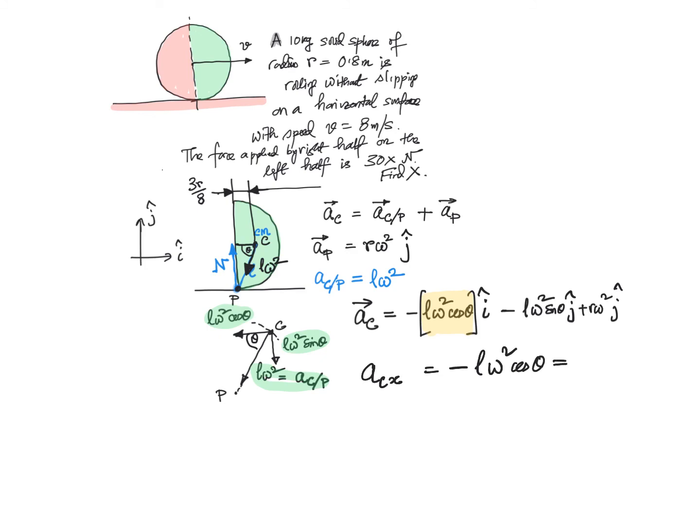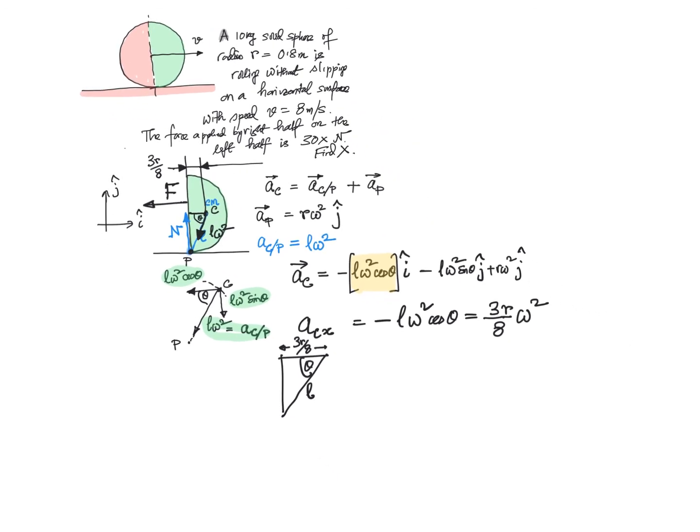Now this L cos theta, if you look at the right angle triangle, L cos theta happens to be 3r by 8. So minus 3r by 8 times omega square. So therefore this is the force. Say let F be the force between the right and left halves.